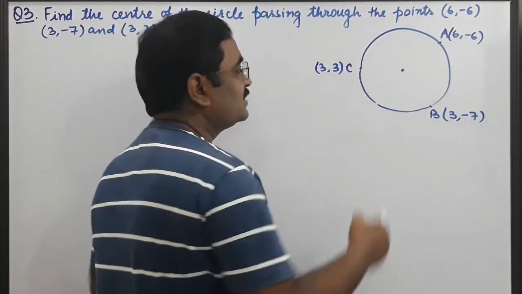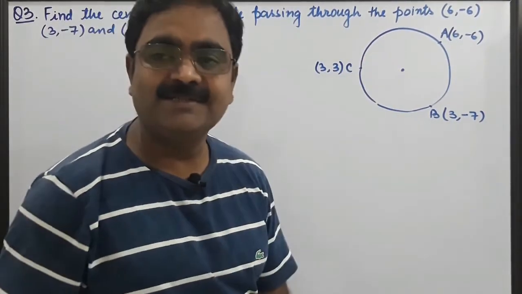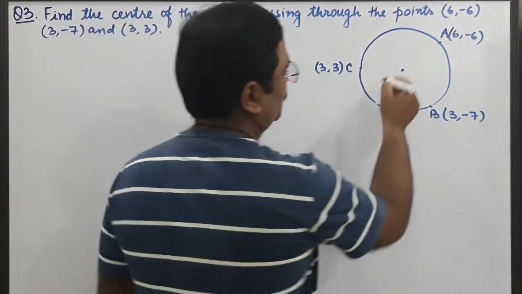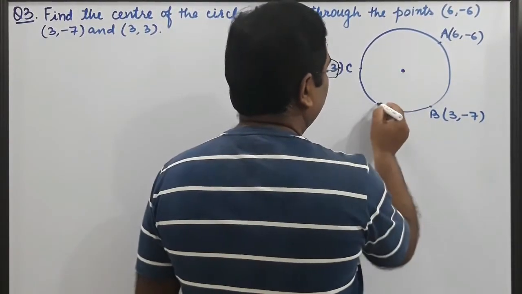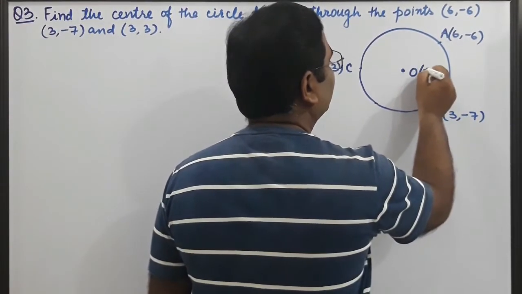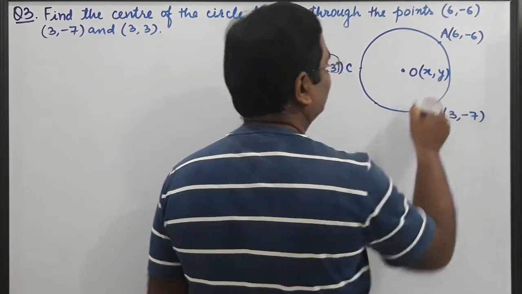This circle passing through these 3 given points, we are going to find out the center of this circle, means this point. So let the center of the circle be O and its coordinates are (x, y).